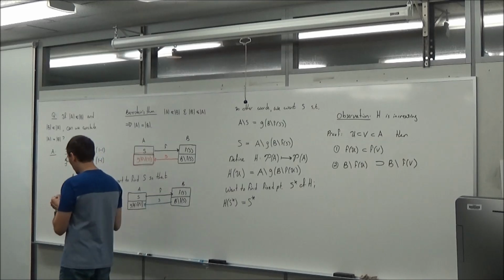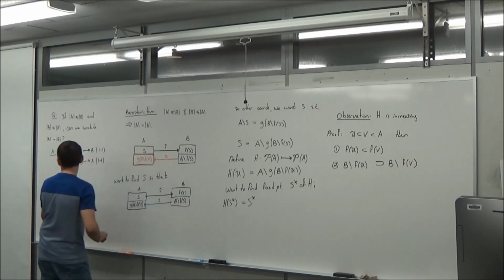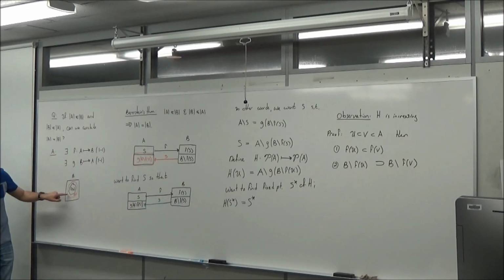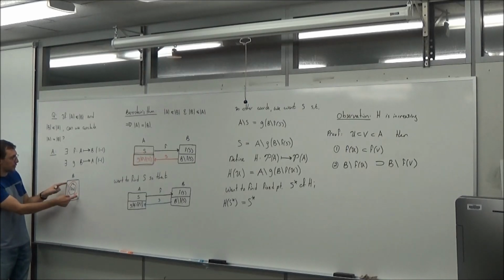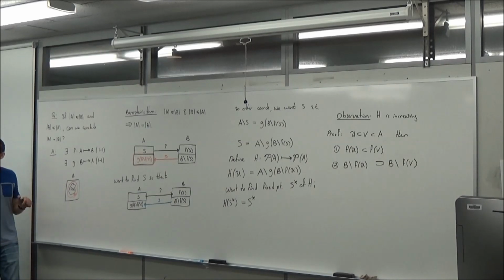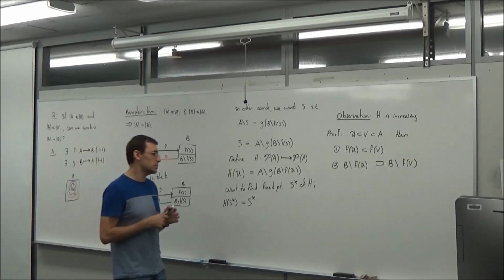Okay. So what remains in B are points that are in B but not part of f of U. It's pretty much this box where you cut out the middle shape, and B throw away f of V is you cut out the orange shape. So you see, you throw out more. That's what I mean by throw out, right? What survives if I throw away f of V is whatever is in B that is not inside the orange curve. Okay, I hope that helps. If not, again, we'll talk.